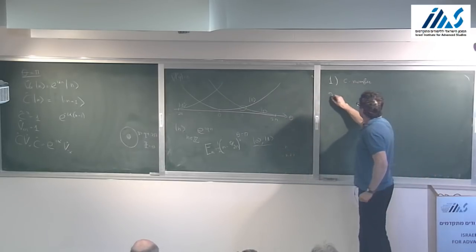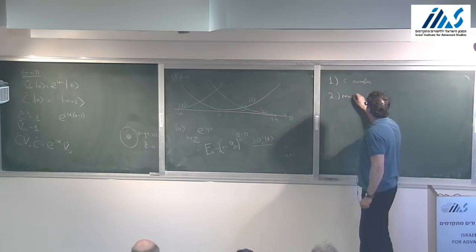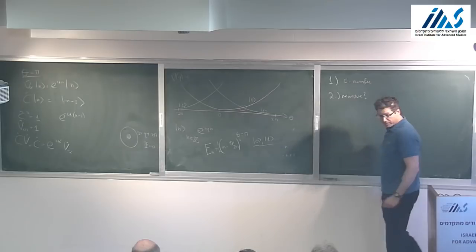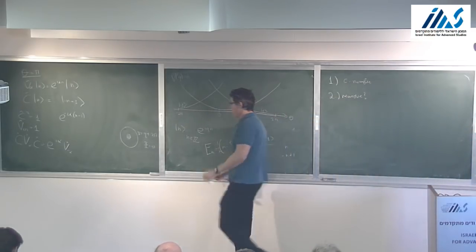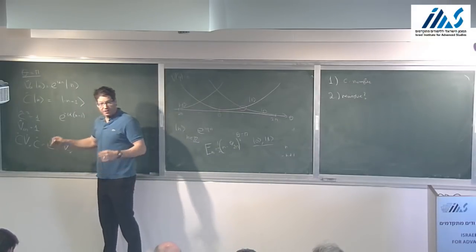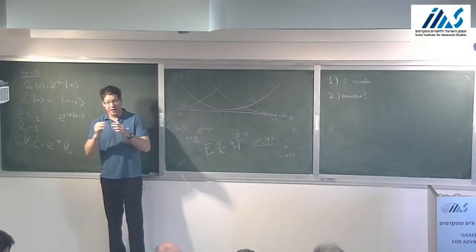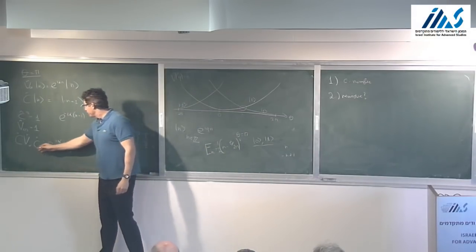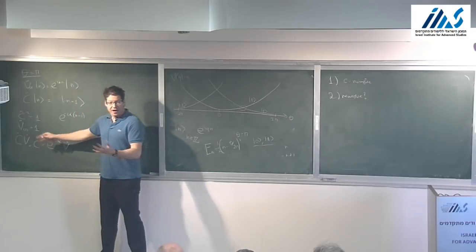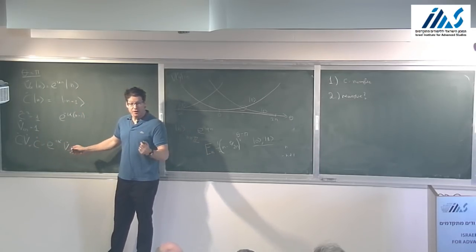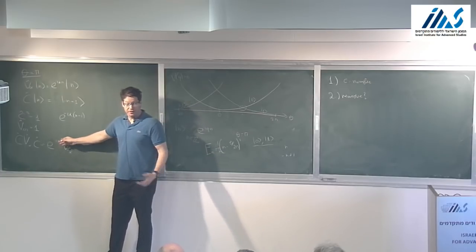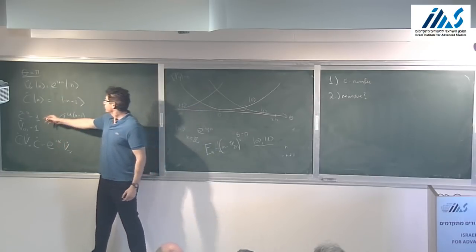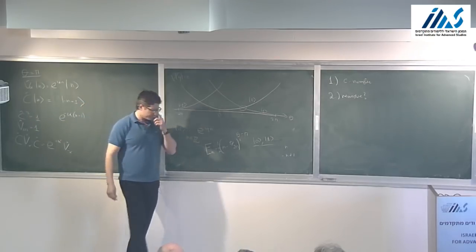The second thing is that you can try to remove this phase. You can ask, okay, is this phase really important? If you've ever read the original paper of Majorana, he also encountered some funny phase, and he actually removed it by redefining things by i's. So you can ask, okay, let's redefine, I don't know, c by i. Would that go away? Well, you could redefine c by i, and it would seem to go away, at least for alpha equals pi. But then you would destroy this, for instance.